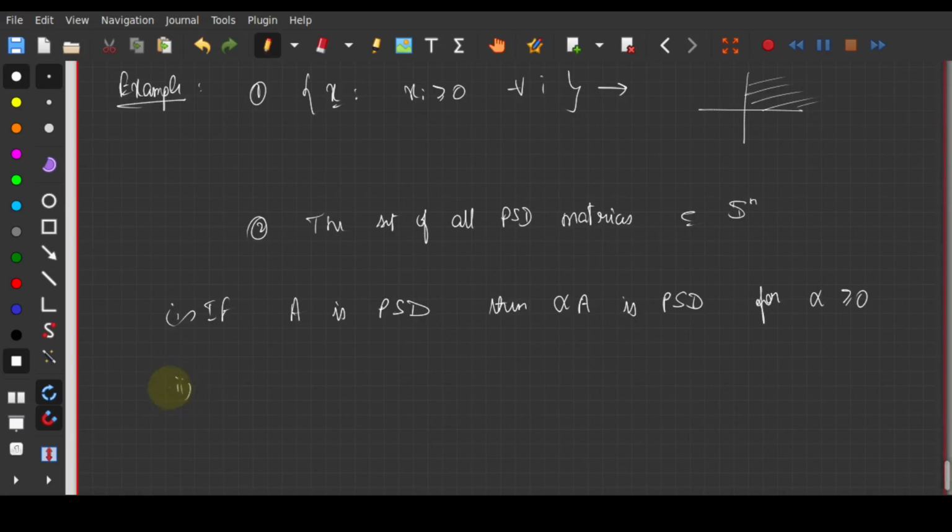Okay. What else do we need to prove? To prove that this is a convex cone, to show that it's a proper cone, we want to show that it is, of course, a cone. The set of all positive semi-definite matrices should also be convex. Right? And why is that true?